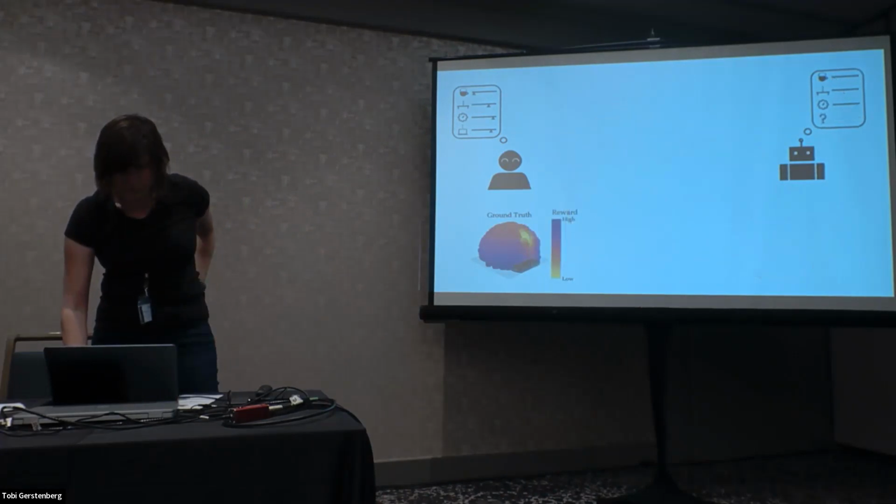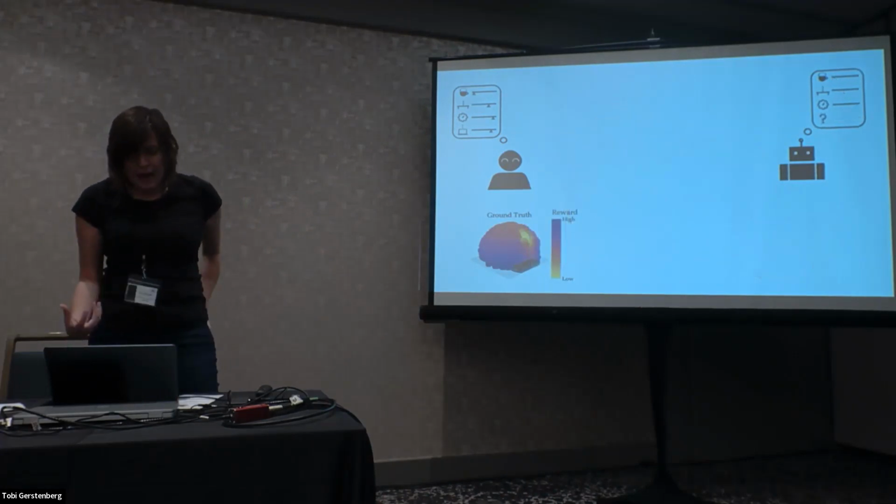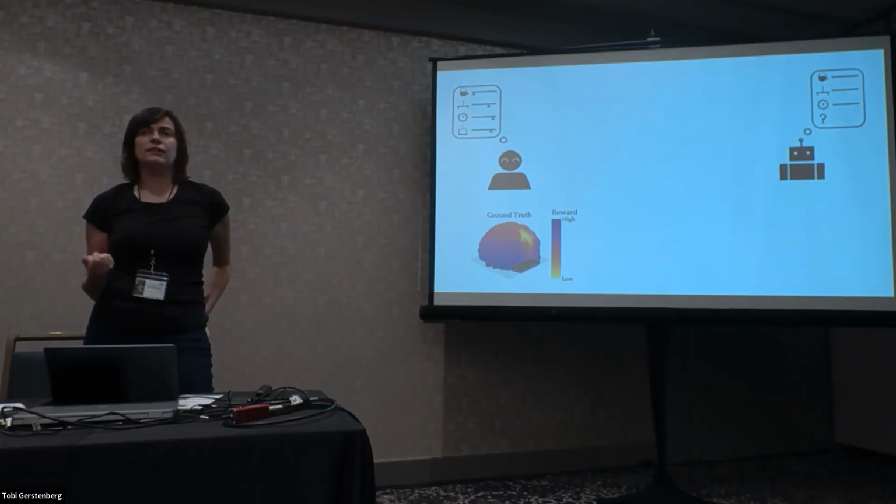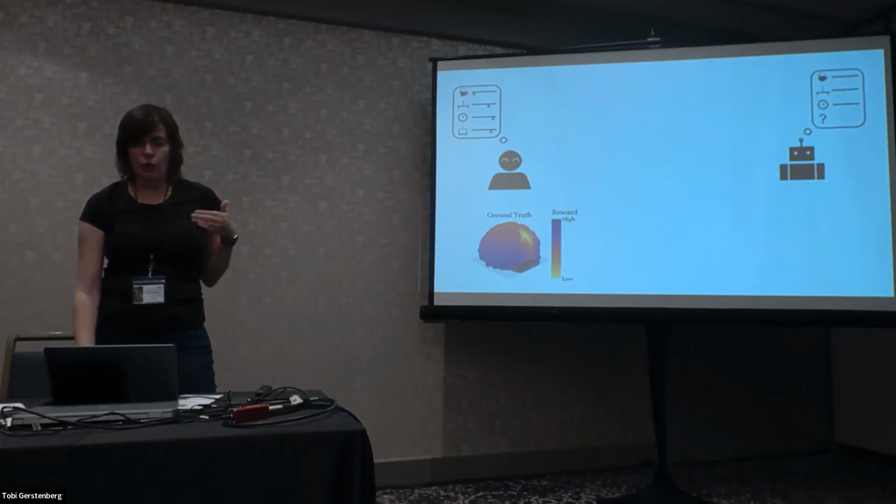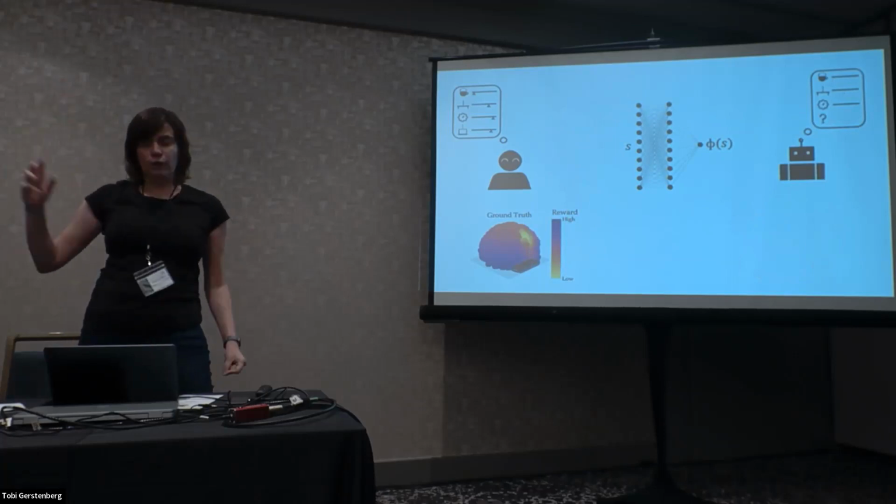Okay, so instead, what seemed natural for us to do is to kind of divide and conquer here. Could we break it down and learn about these things that are missing in absence of learning the full reward function?